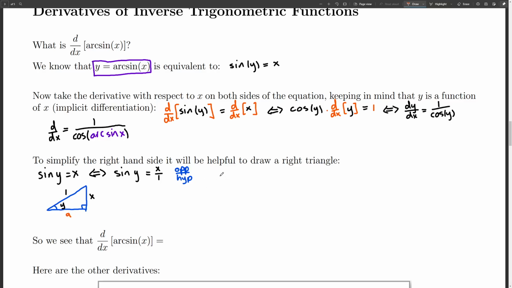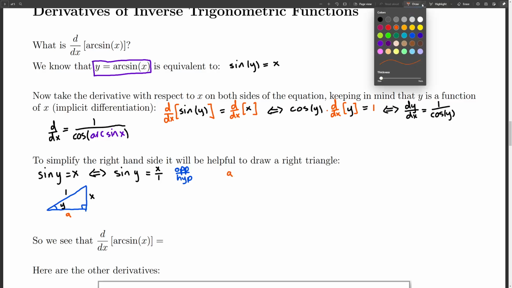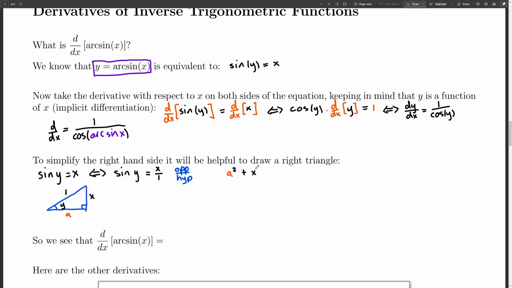Well, I know that a squared plus x squared equals 1 squared. That's the Pythagorean theorem with a and x being the legs and 1 being the hypotenuse. So a squared is 1 minus x squared, and so a is the square root of 1 minus x squared.